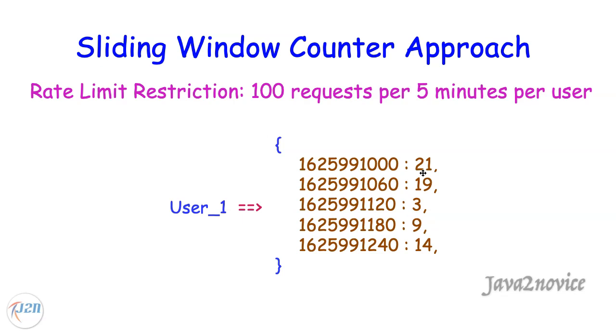We are only logging one timestamp per minute. Also, the counter compute per user request is improved. It is recommended to use the sliding window counter approach because it gives the flexibility to scale rate limiting with good performance. Now let's look into these behaviors in a distributed environment.